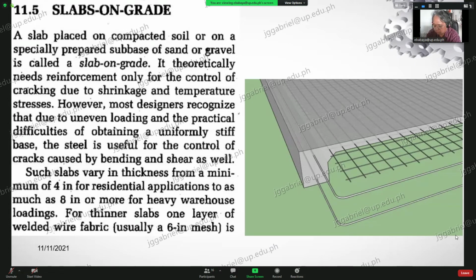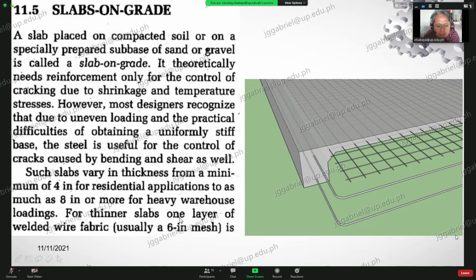So you have to multiply that by 25.4, right? Tama ba? So 8 times 25.4, that's equal to 200 millimeters. 200 millimeters, that's what? 20 centimeters. Okay?